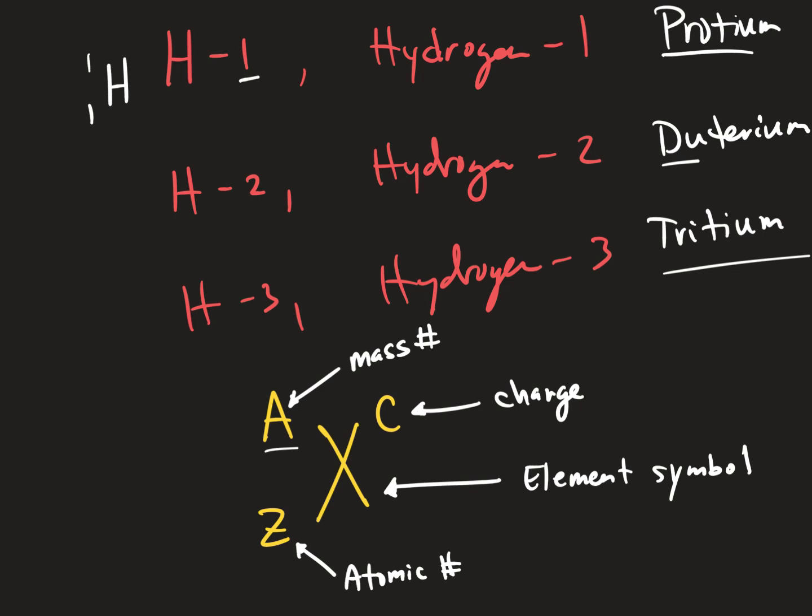Okay. What is the symbol for H2? What goes on top? What goes on bottom? 1. It's still hydrogen. Still has atomic number of 1. What about H3? What goes on top? What goes on bottom? You got the idea, guys?